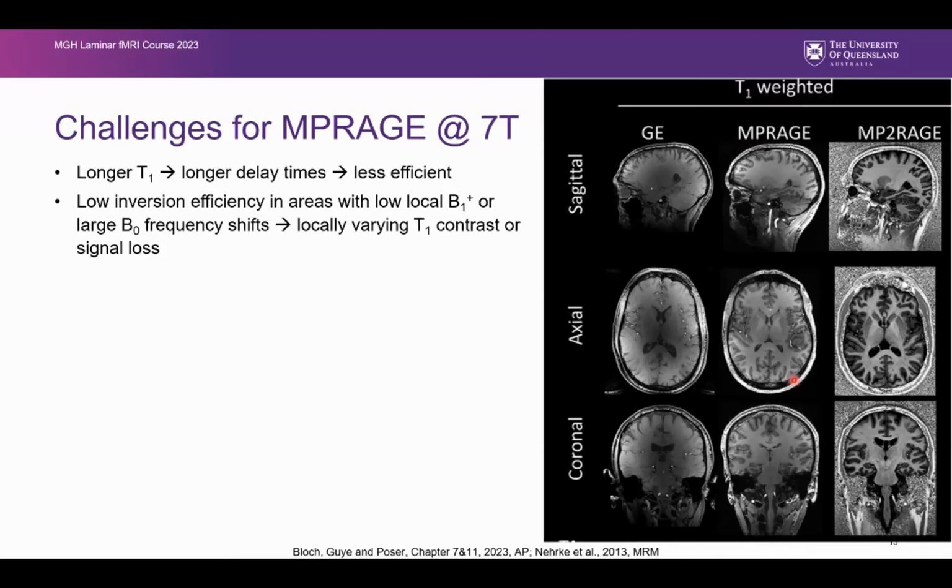But in structural imaging, we want to have a homogeneous contrast. We want every gray matter voxel to have exactly the same intensity across the brain, because that's how we do segmentation: this is the intensity that corresponds to gray matter, so this is a gray matter voxel.